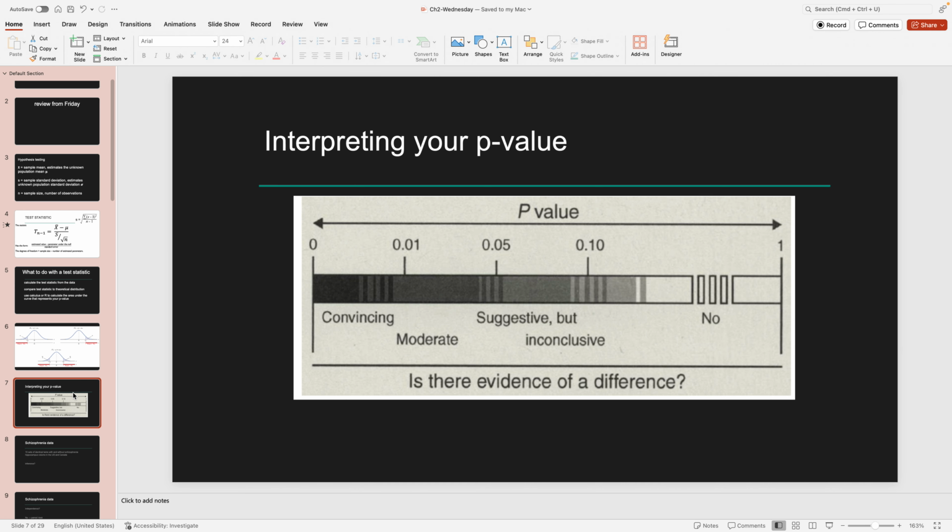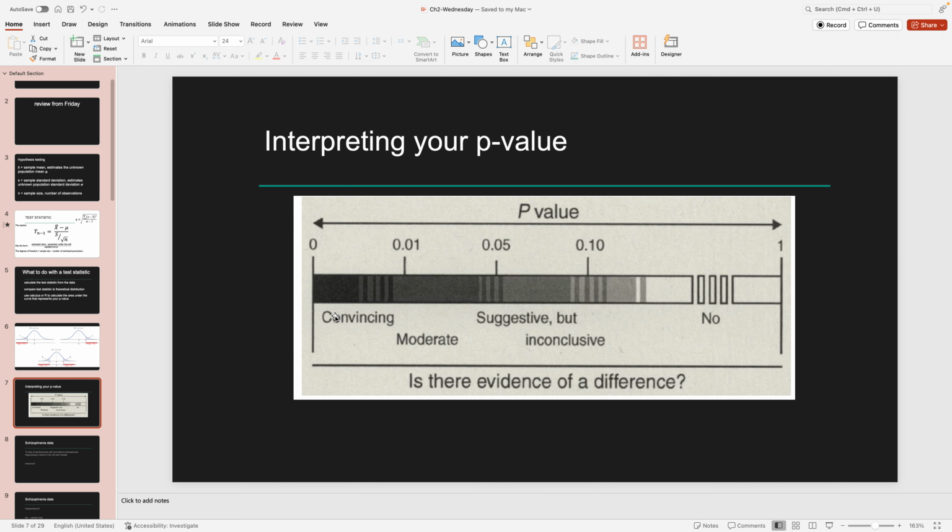So when you're writing up your case studies, a p-value that's really small, like 1% here, means it would happen about 1 out of 100 times, assuming your null hypothesis is true. The smaller this p-value is, the more we get into this convincing region, where we're convinced that the alternative is true, or that we reject the null in favor of the alternative.